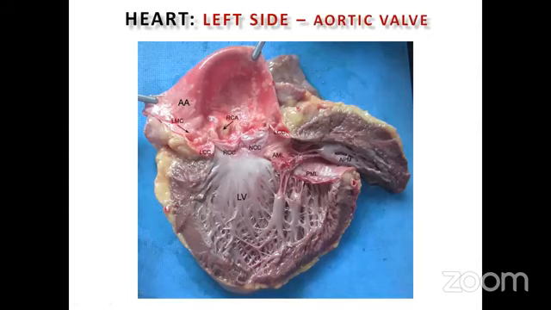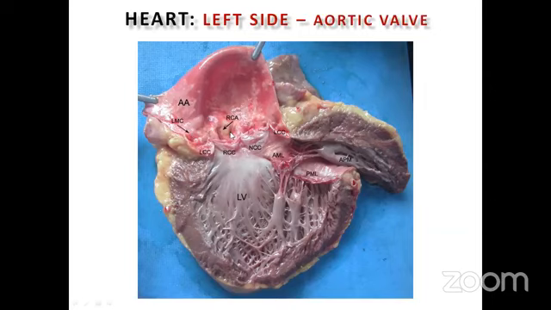Now, the cusps of the aortic valve are actually two anterior and one posterior. Please note that there is a discontinuous transverse ridge which is present here, and this is the sinotubular junction.